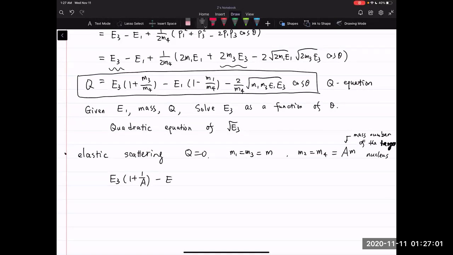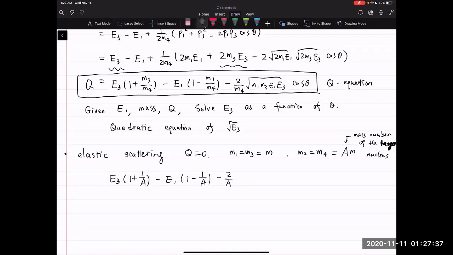Then minus E1 times 1 minus M1 over M4, that's also 1 over A. So the Q equation should be, let me see, a minus sign, minus 2 over A. M1 is the same as M3, so that becomes m squared.